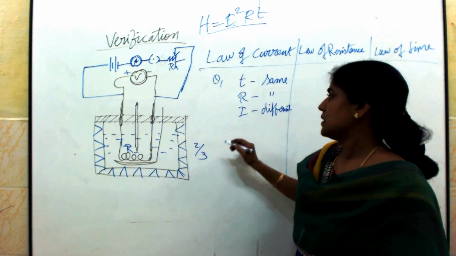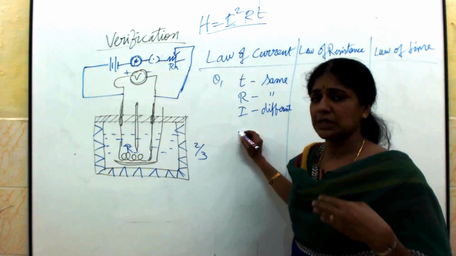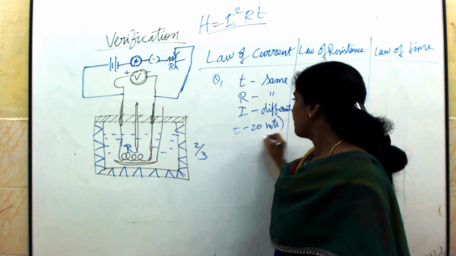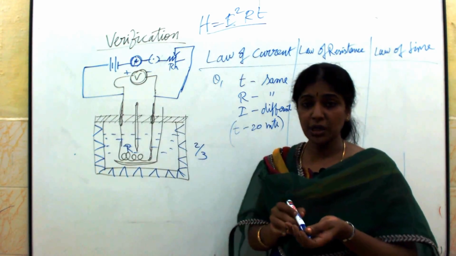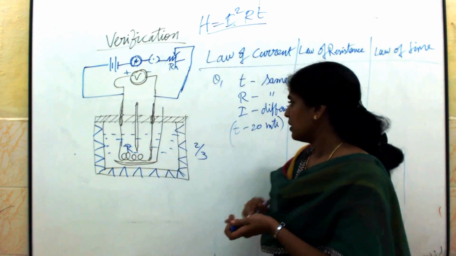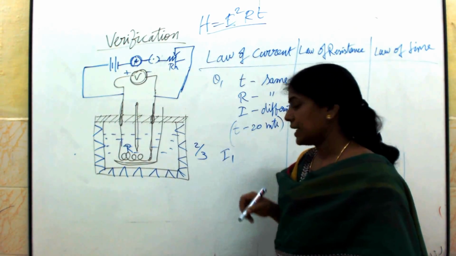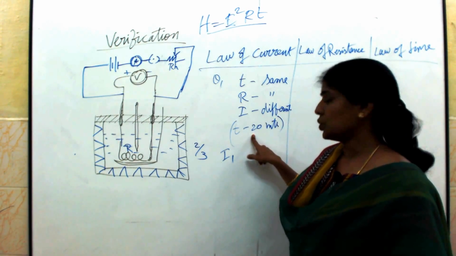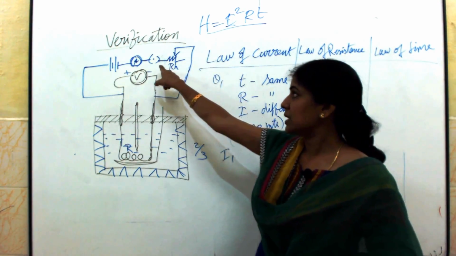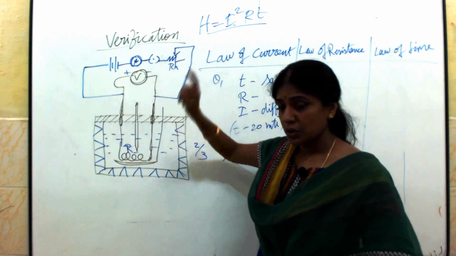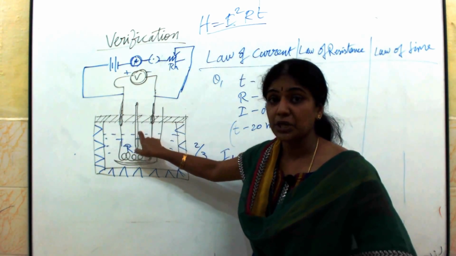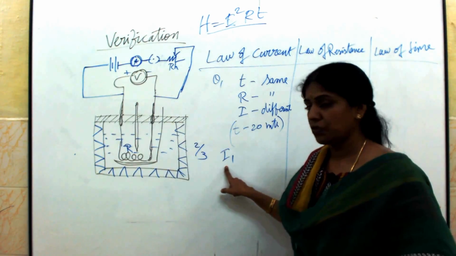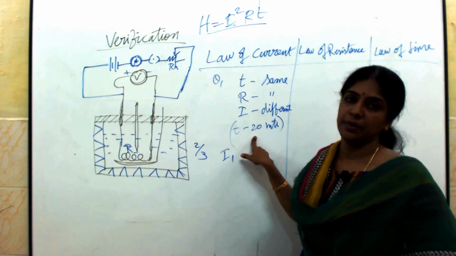Now for a time t, let it be 10 minutes or 20 minutes or 30 minutes, for 20 minutes I am going to allow some current to flow through the resistance R. So let I1 be the current flowing through the resistance R for 20 minutes. After 20 minutes, you release the key, take out and measure the temperature of the calorimeter and its content when a current I1 has flowed through the resistance for 20 minutes.